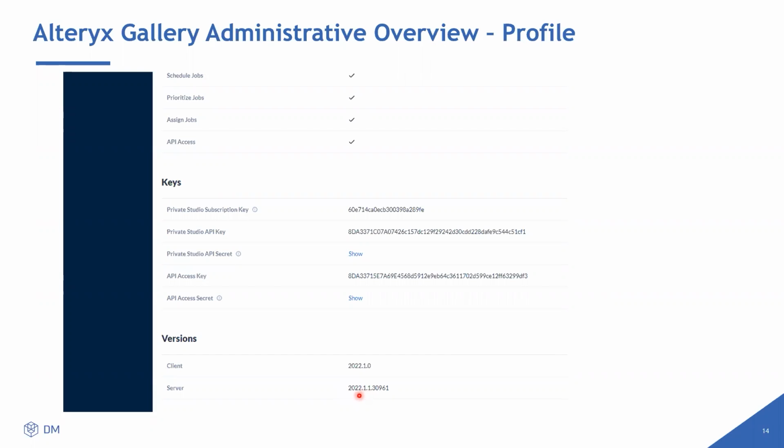Like, let's say we have already 21.2, then I won't be able to do anything because the Designer will be on a different version. Sometimes on a previous version of Designer, you still are able to connect to the gallery. So let's say I'm 21.4, I am able to connect to 21.1, but it's not really recommended because some errors might occur. So always make sure to check here if you are developing on the Alteryx Server version you have.